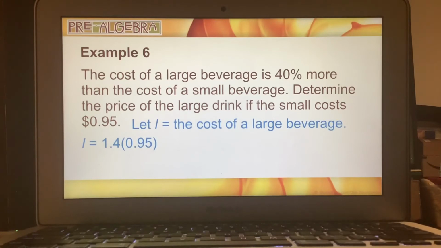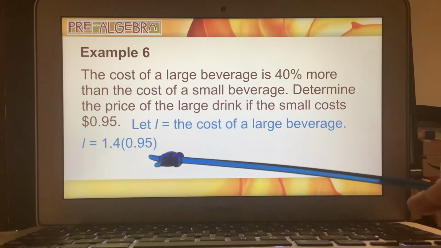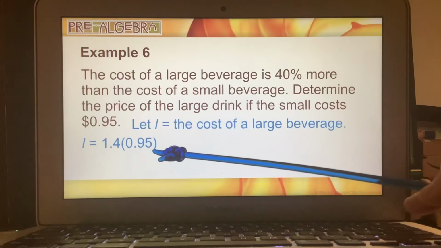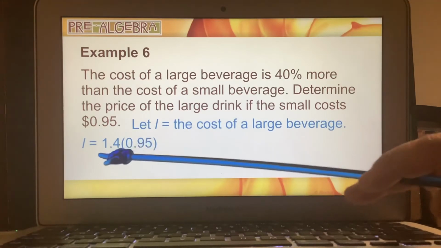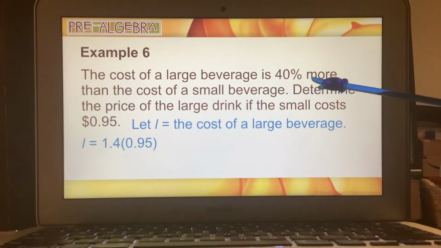So the large beverage is L. Okay, the small beverage costs 95 cents. But the percent is 40% more, so that means it's 100 plus 40%. 100% plus 40%.